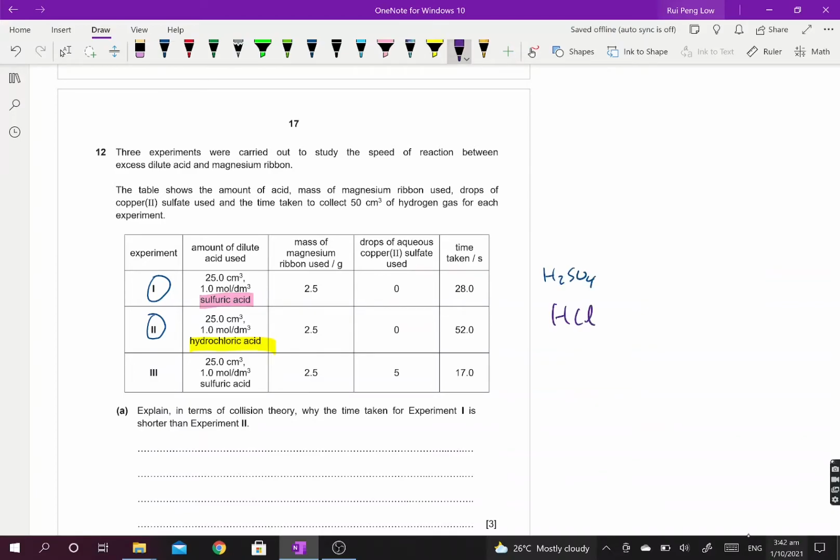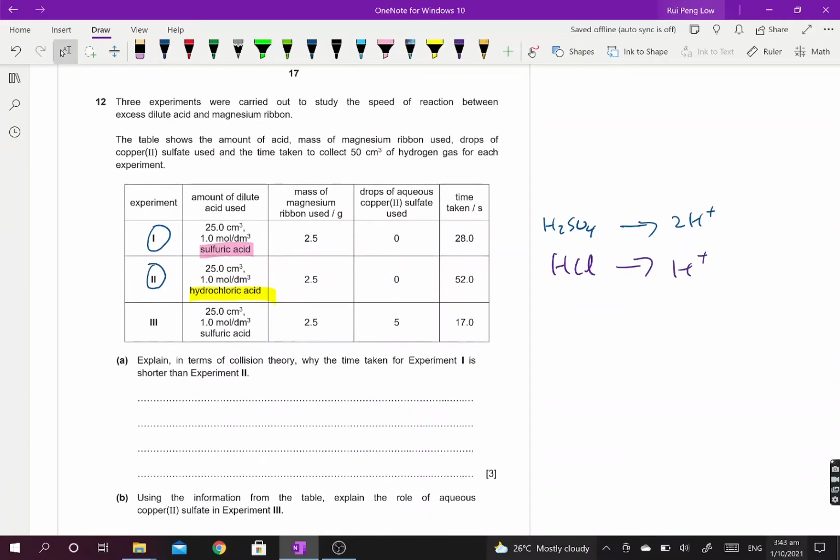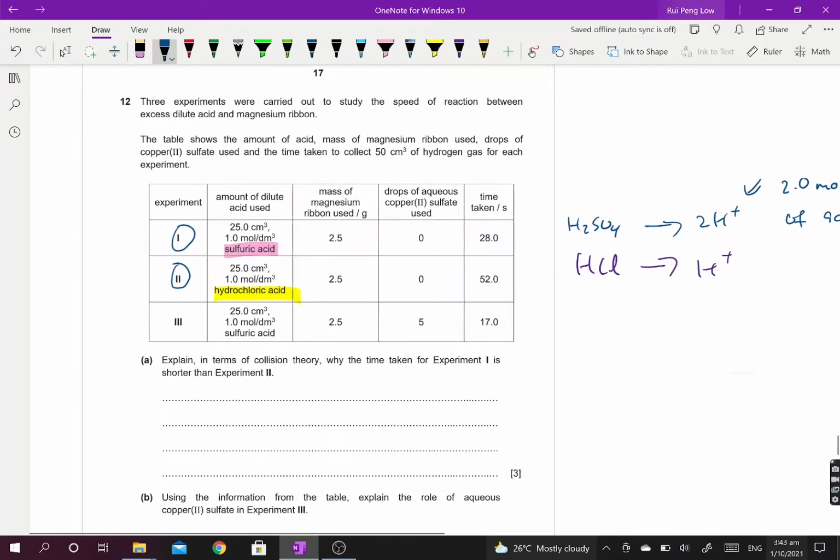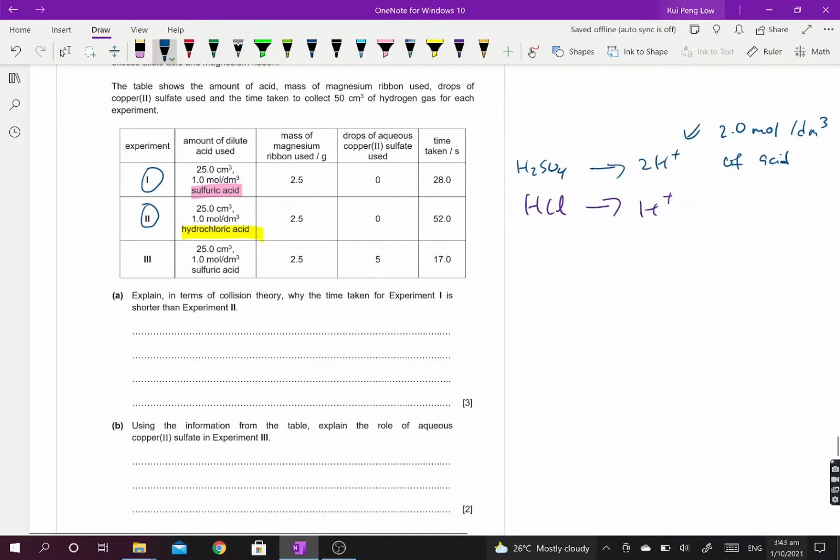Hydrochloric acid is HCl. Now why do I say that? Because in HCl there is only 1 H plus, whereas H2SO4 has 2 H plus, which means based on our collision theory, although we have the same concentration of acid, 2.0 moles per dm cube of acid, how are we going to explain?